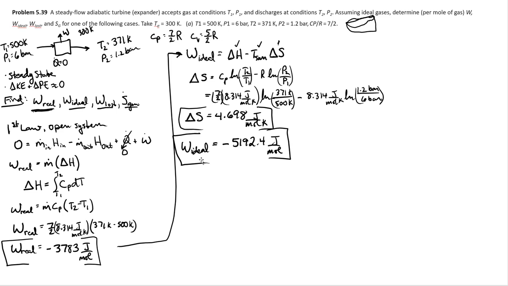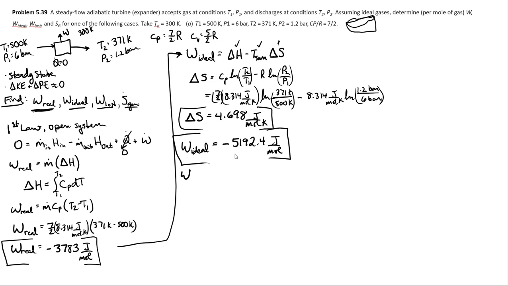The ideal process without any irreversibilities, any friction or anything like that, should produce a lot more work than the real process, which has friction and all sorts of other irreversibilities in it. So while we just have to trust our math to make sure the numbers themselves are right, the trend is correct. So that gives us a little bit of confidence as we go through this problem.